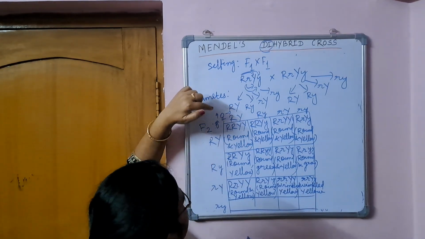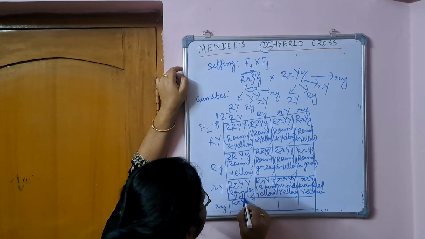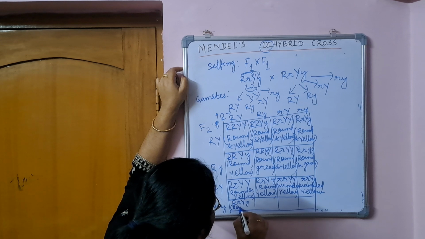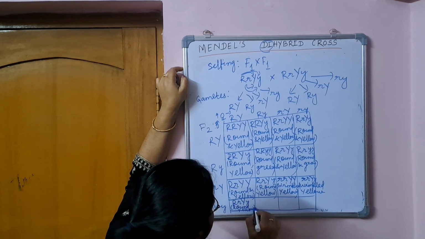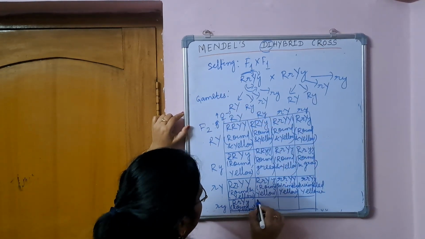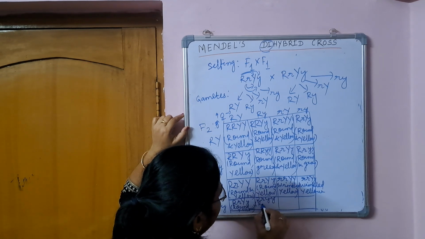Now come to the fourth row. It will be capital R, small r, capital Y, small y. Again this will be round and yellow. Then come to the second one, capital R, small y. This will be round and green.